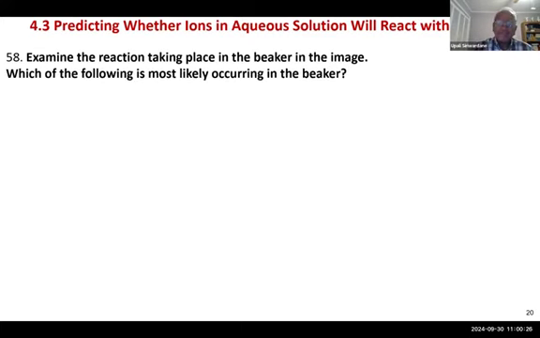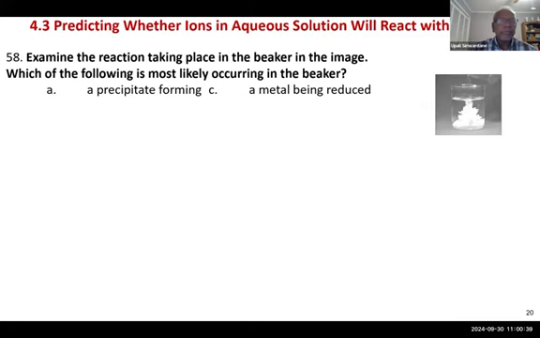A beaker with the image. That's kind of an image during a precipitation reaction. Remember? The precipitate forms, not a metal being reduced. You cannot tell whether there's a metal.